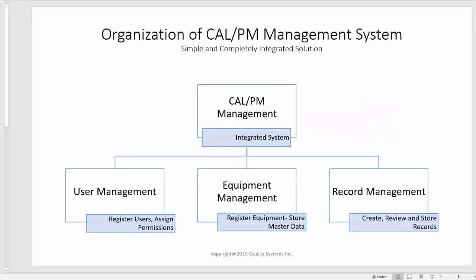So this application is an integrated system. There are three subsystems of this application. The first one is user management. You need users to run the system. In these options, you can manage the users and their role permissions.